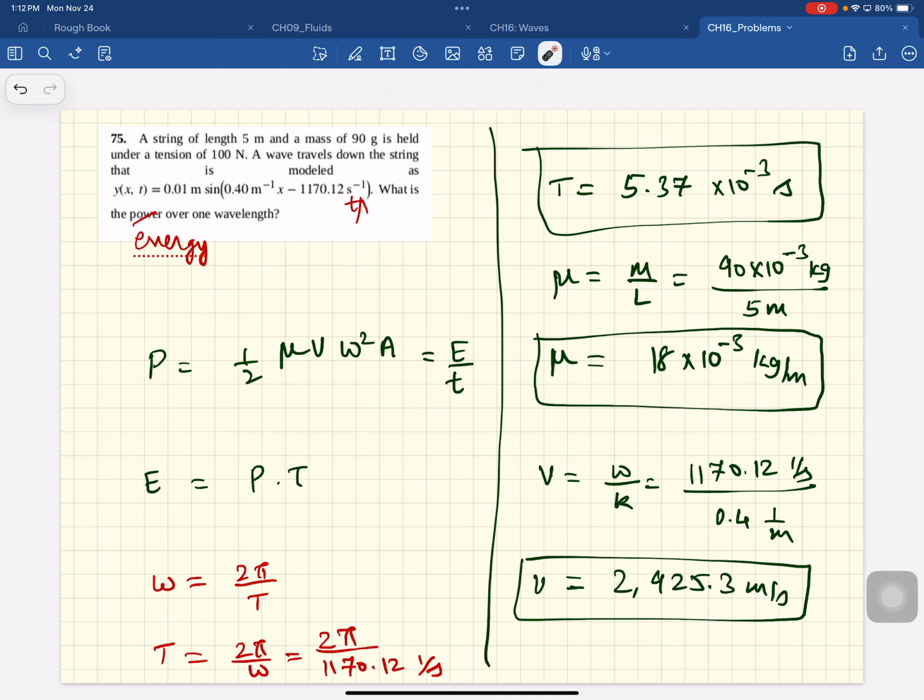Okay, so we have that, we have this, and we have that. There's the amplitude, and we have the period.